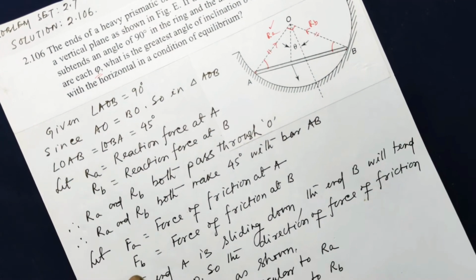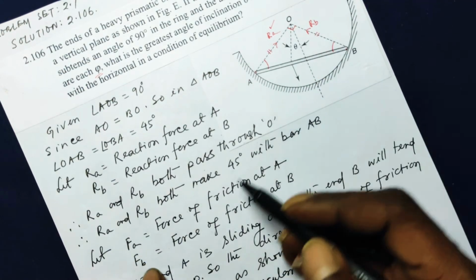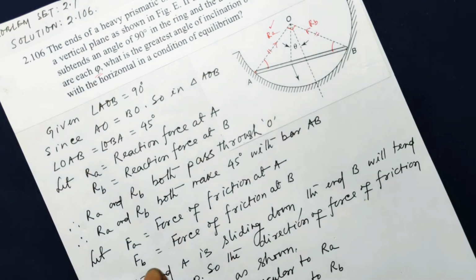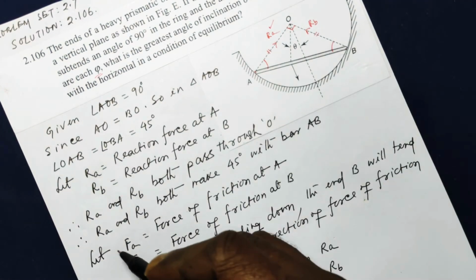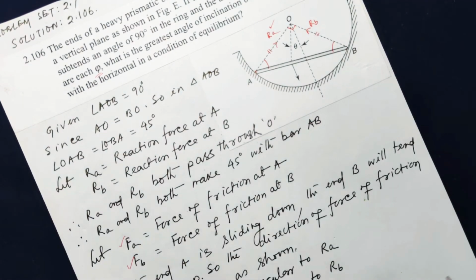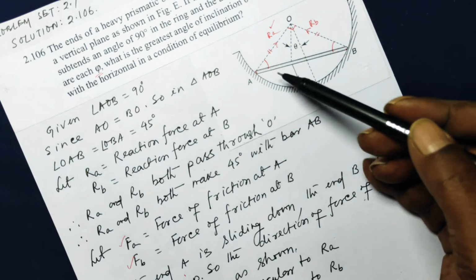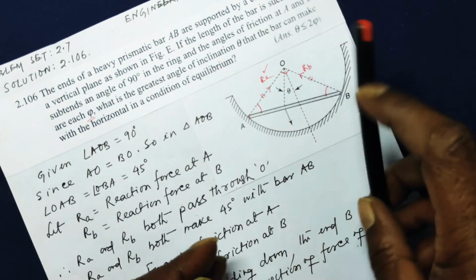Now, let capital FA be the force of friction at point A, and capital FB the force of friction at point B. Let me explain what will be the direction of the forces of friction FA and FB. If the end A, this end of the bar, is sliding down, means the situation is like this.